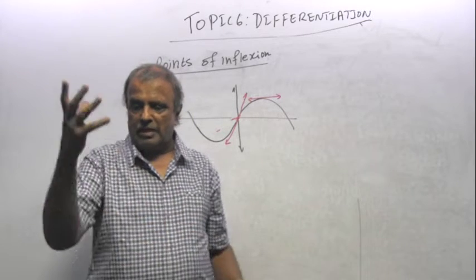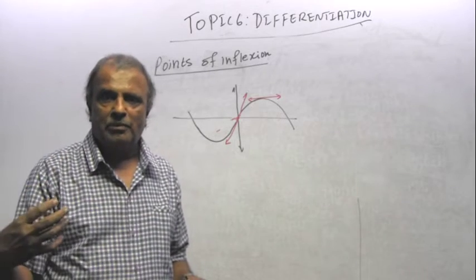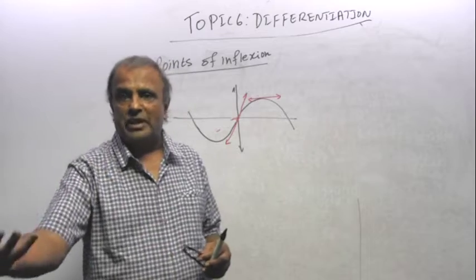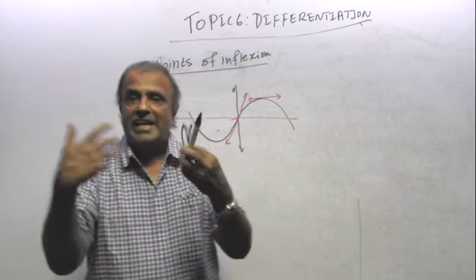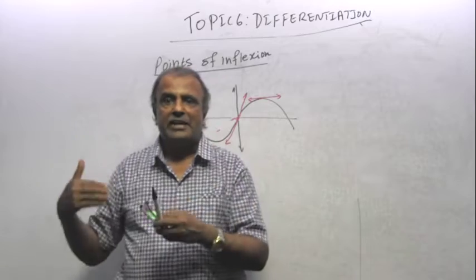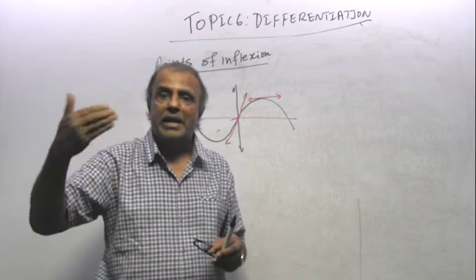The gradient of the curve is 0 at a maximum or minimum, meaning the rate of change of y with respect to x is 0. The gradient is maximum or minimum when the rate of change of gradient with respect to x is 0. That means d squared y by dx squared.